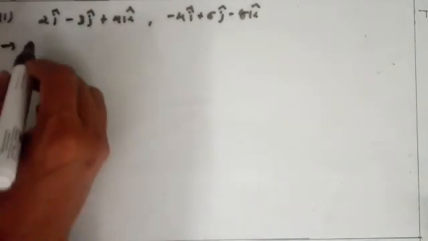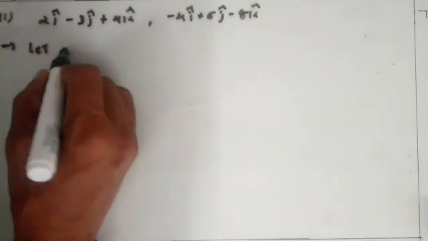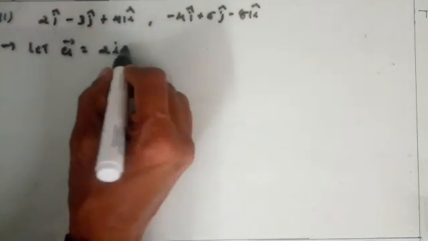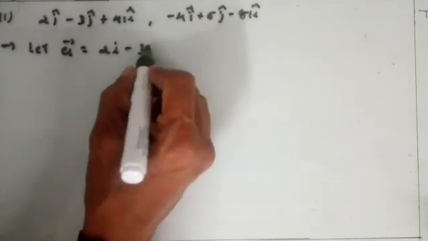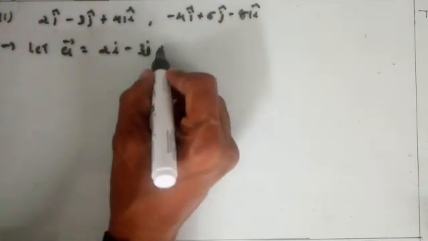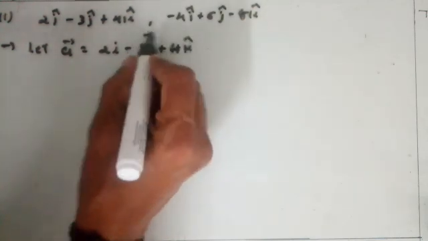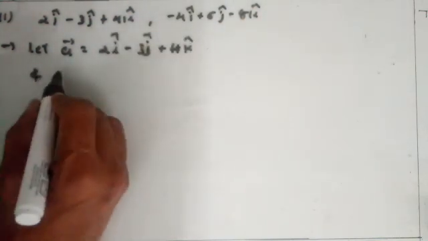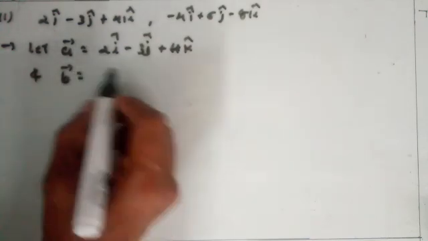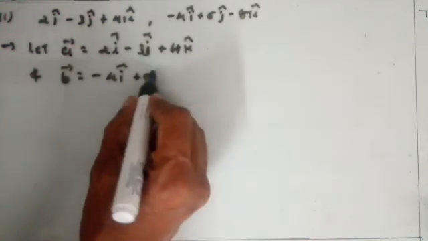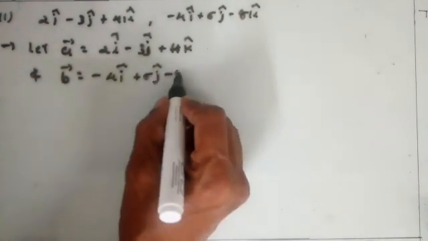First denote both vectors by A and B. Let vector A is equal to 2i minus 3j plus 4k and vector B is equal to minus 4i plus 6j minus 8k.